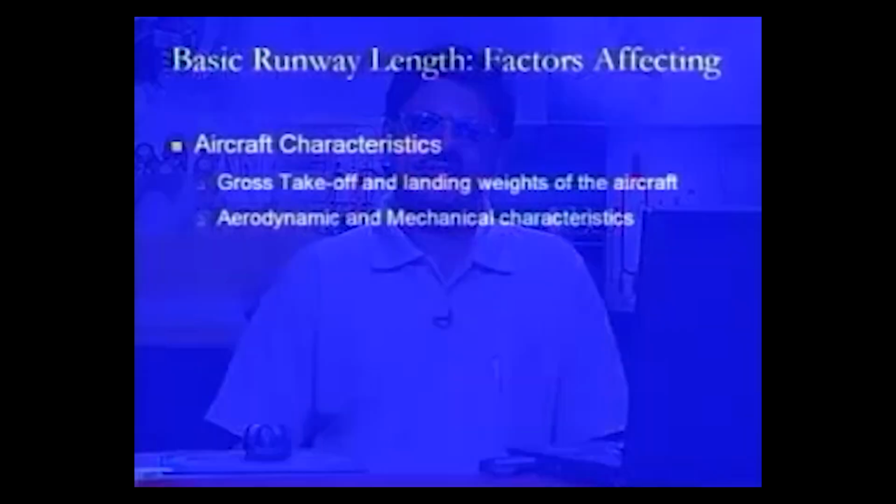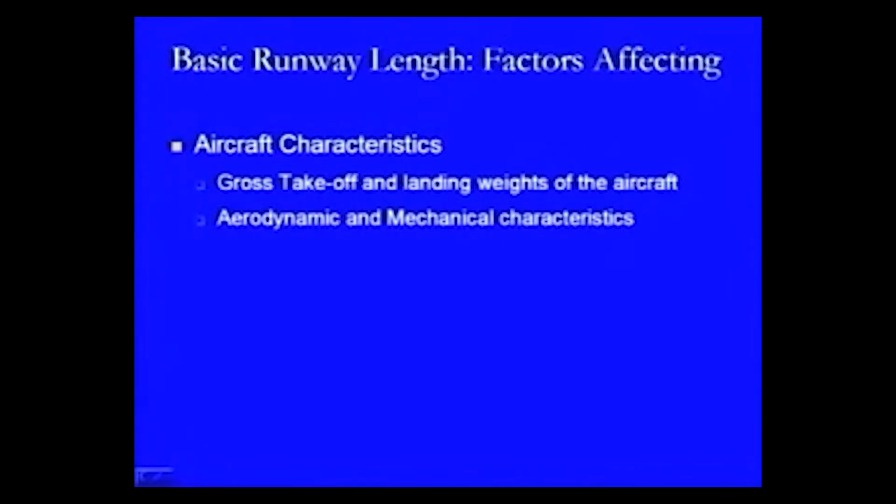Another characteristic of the aircraft which can create its effect is of two types. One is the structure which is being provided, another one is the mechanical characteristics which have been provided within that aircraft.